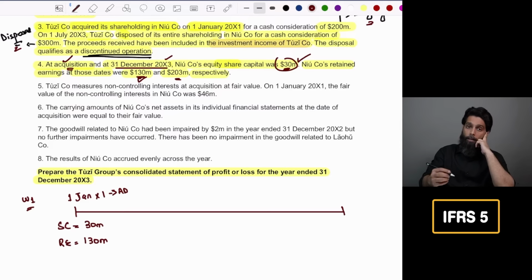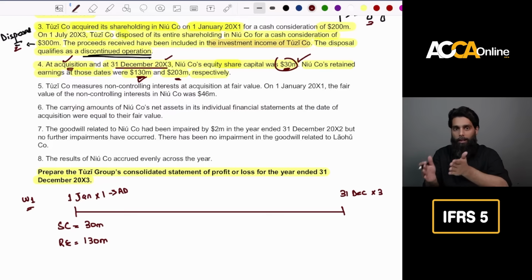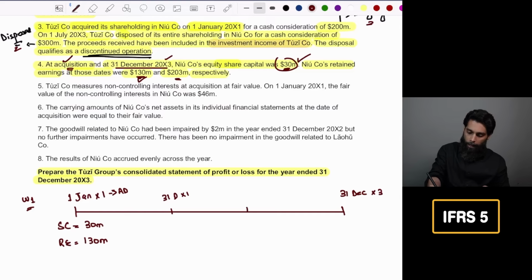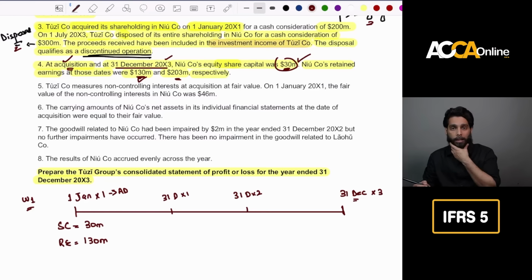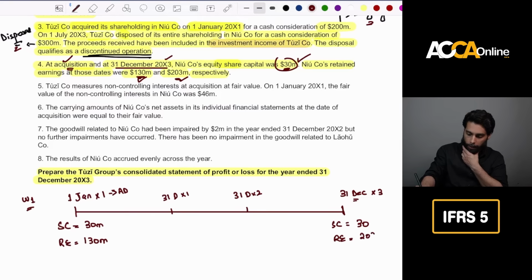Then the examiner talks about 31st December 20X3. While you reach 31st December 20X3, there have been 3 accounting year ends: the first on 31st December X1, then 31st December X2, and then 31st December X3, which is the year end. And at this date, your examiner says your share capital is still 30 million, but your retained earnings at this date are basically 203 million.